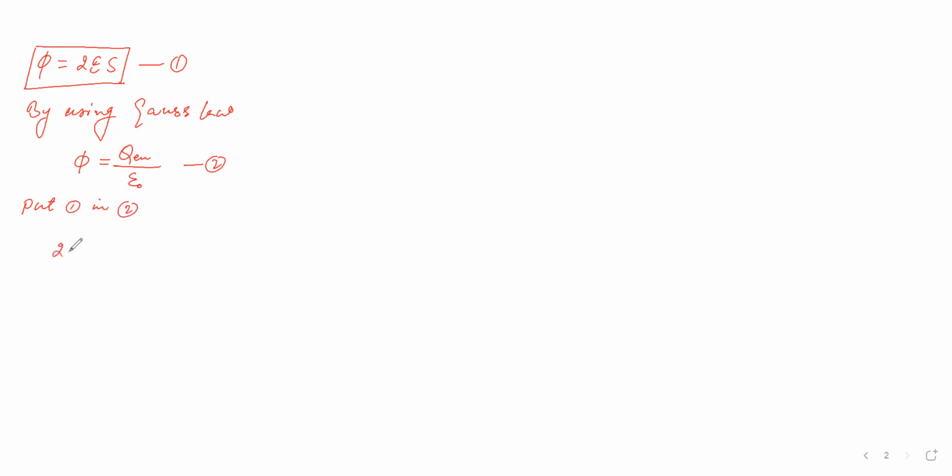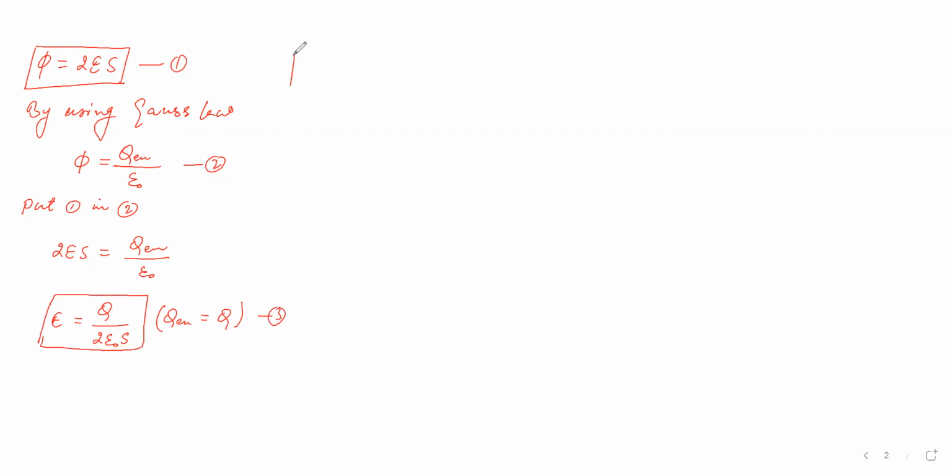We can write here 2Es is equal to Q enclosed over epsilon naught, where E is equal to Q over 2 epsilon naught S. We have considered that the total charge enclosed is Q. This is your value of electric field in terms of the charge. You can write here equation number 3.